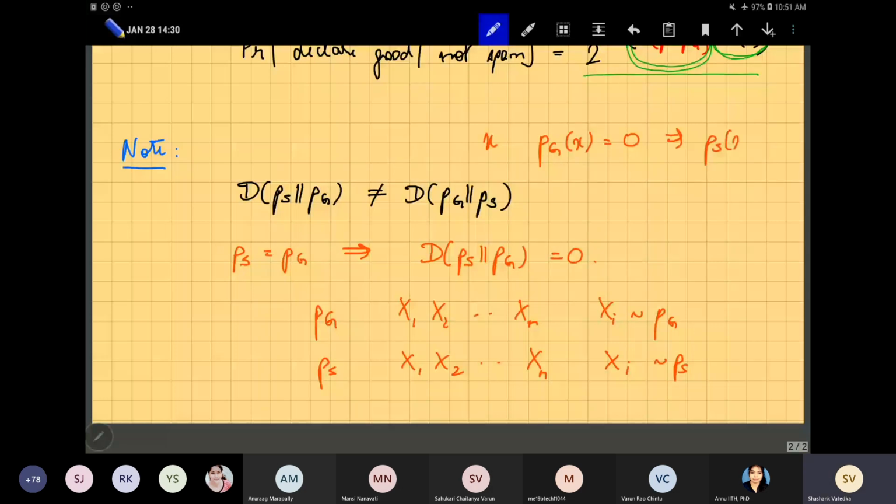But if PG of x is greater than 0, then there's no constraint on PS of x. So PS of x could be equal to 0, it could be non-zero, it could be between 0 and 1, all of that is fine.